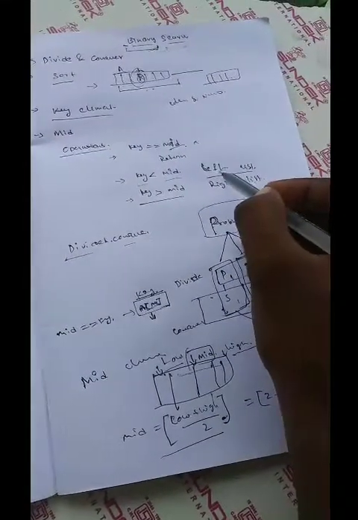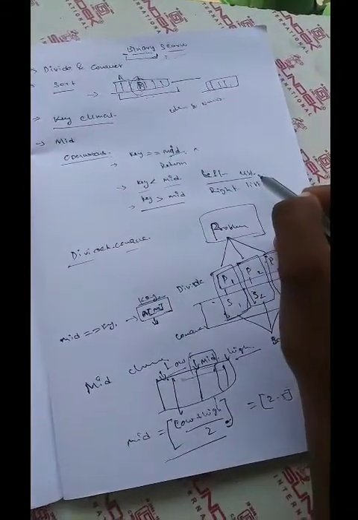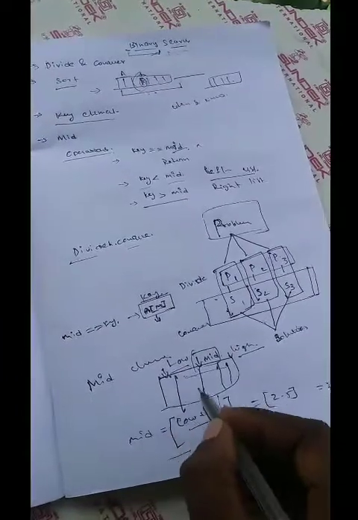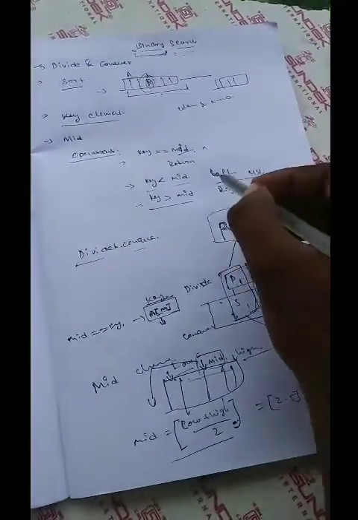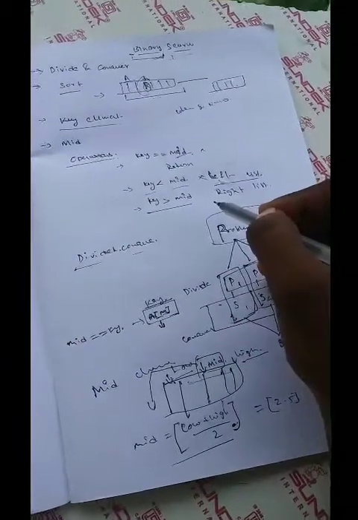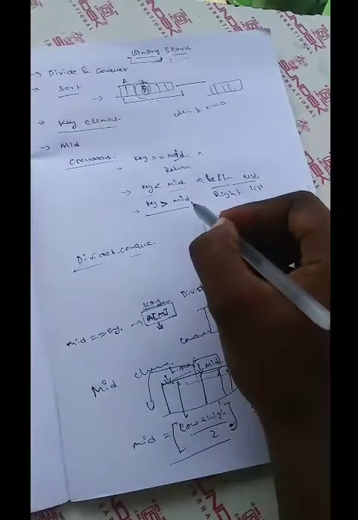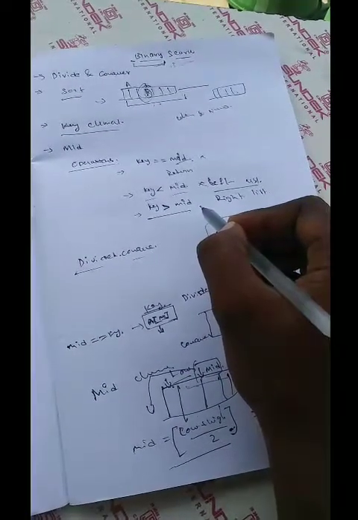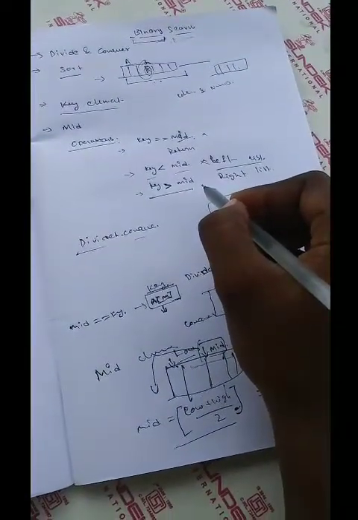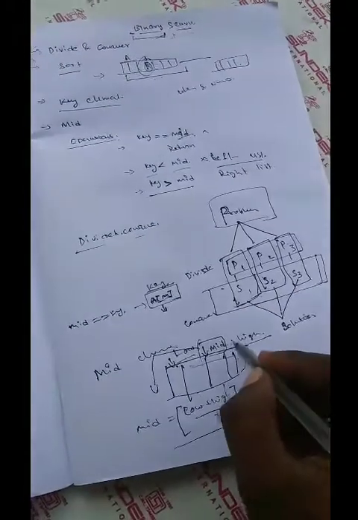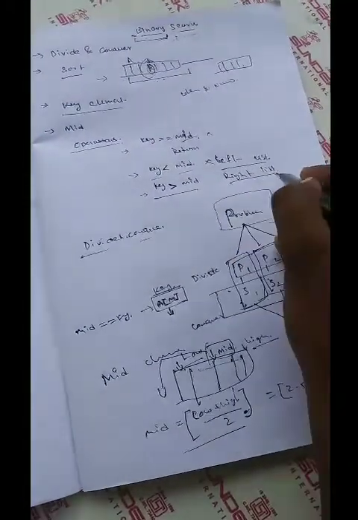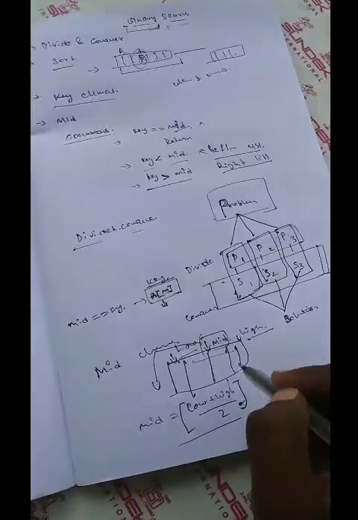If the condition is true, we search the left side of the middle element. If the condition is false, we check whether the key is greater than the middle element. If the key value is greater than the middle element, we search in the right list, the right side of the middle element.